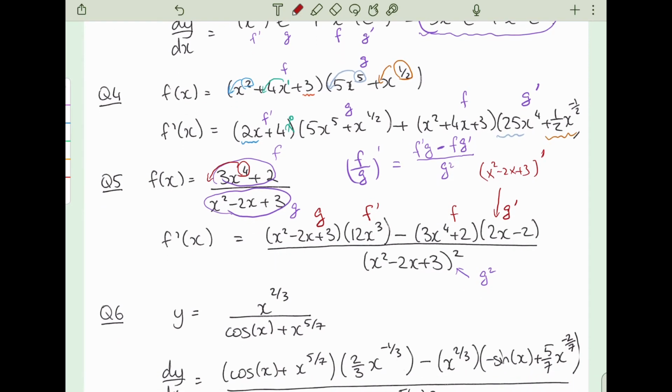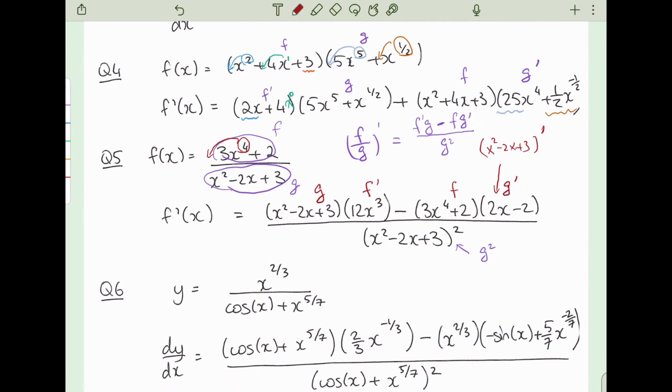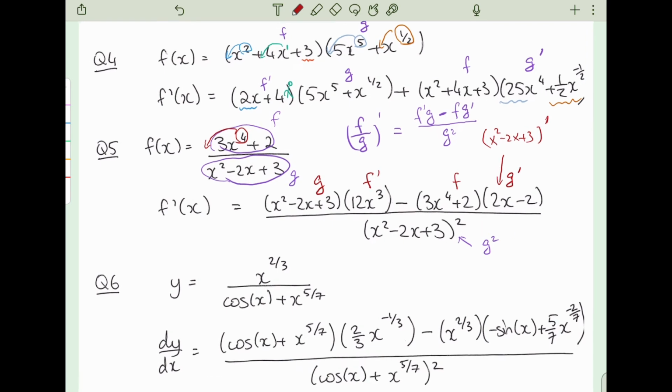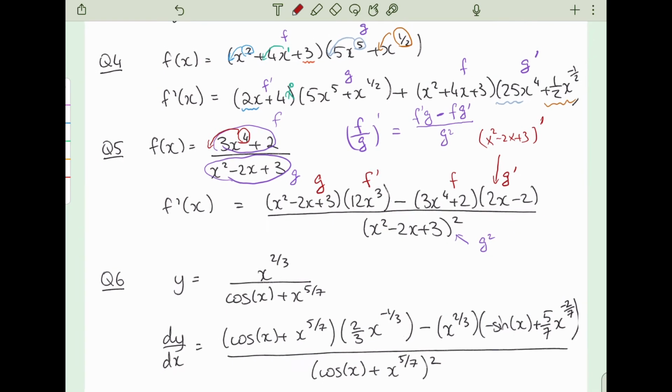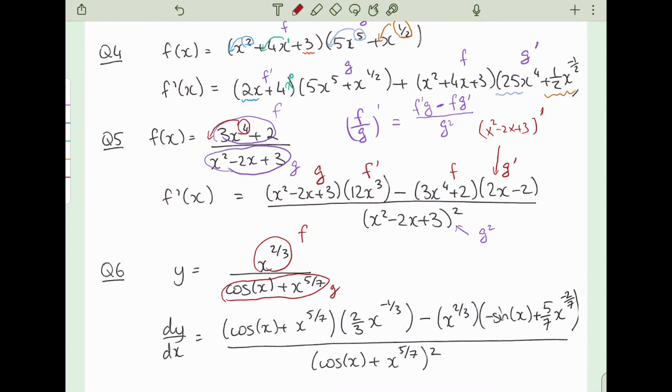Now moving on to question 6. It's the same thing, quotient rule. Function f over g, right? This is f, and this is g. Okay. By the formula, we have f prime times g minus f times g prime.